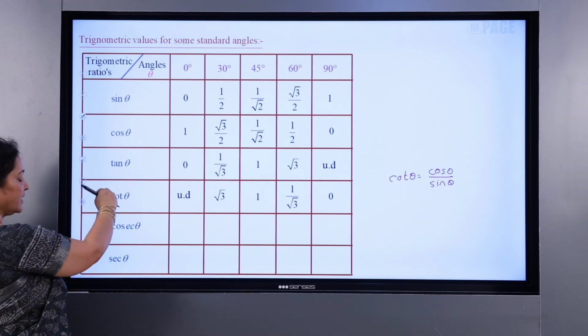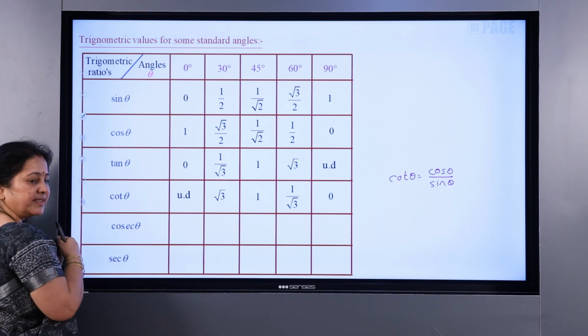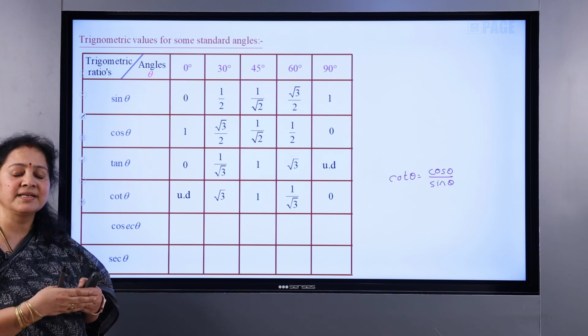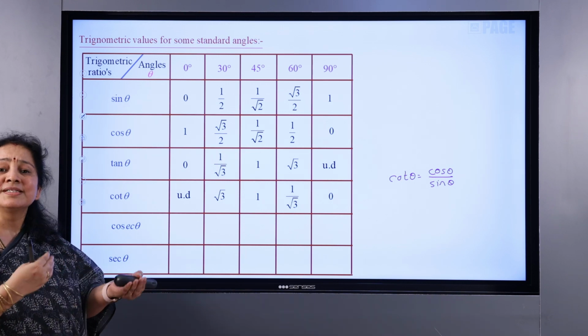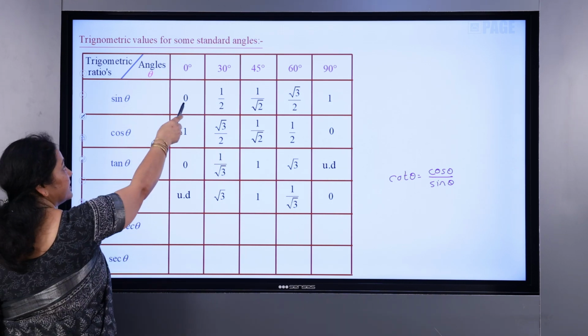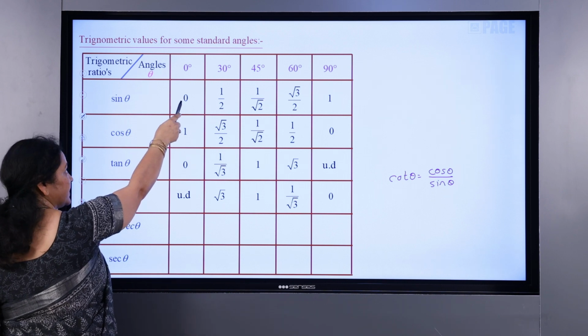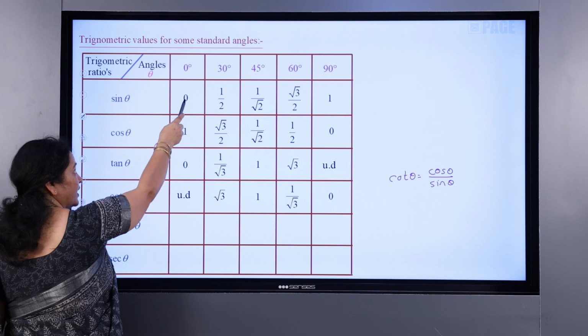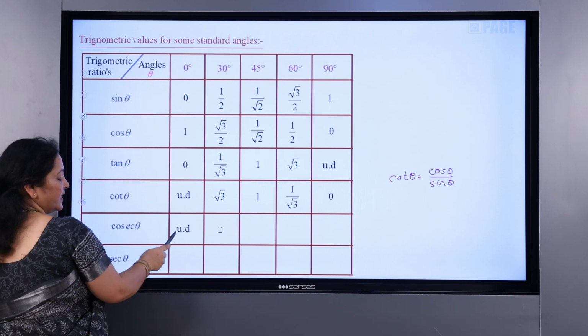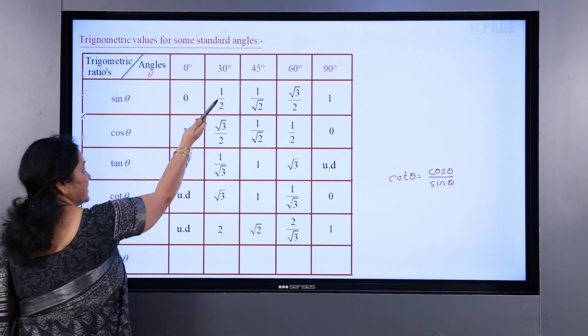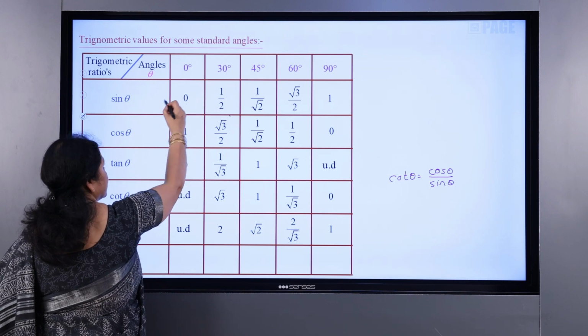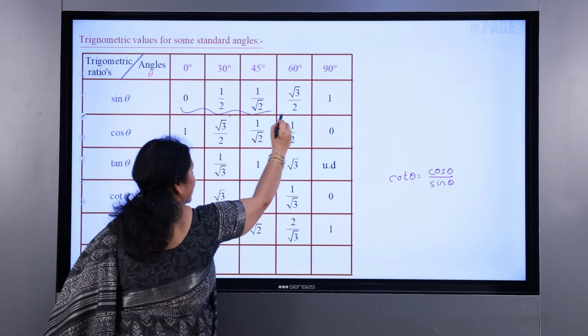Now having got till cot theta, how about cosecant theta? We just spoke that cosecant theta is the reciprocal of sin theta. So just reciprocate these values. So sin 0 is 0, so cosecant 0 would be 1 upon 0, so that is going to be undefined. Just reverse these values, that's all.